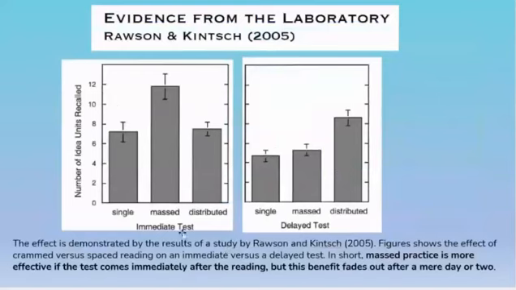They shared their results with us. You can see this graph. Immediate test, single, massed and distributed, like spaced, and then delayed test. In the immediate test, the results were fantastic. You can see the number of students who performed very well. It was great. But during the delayed test, the spaced score was the highest.